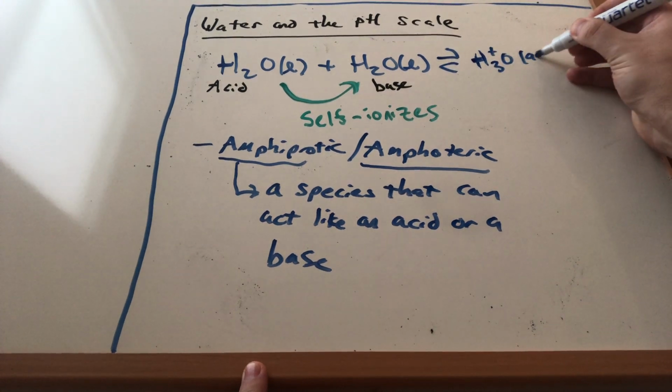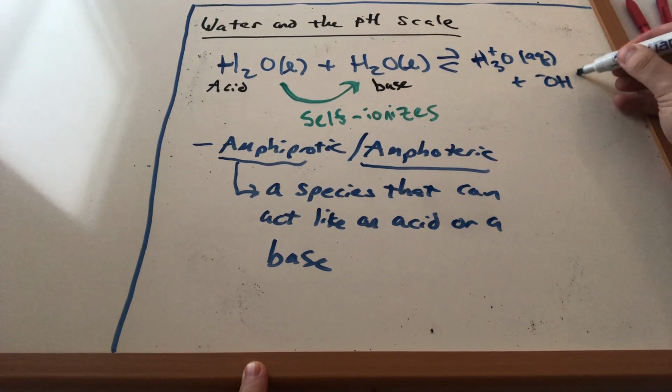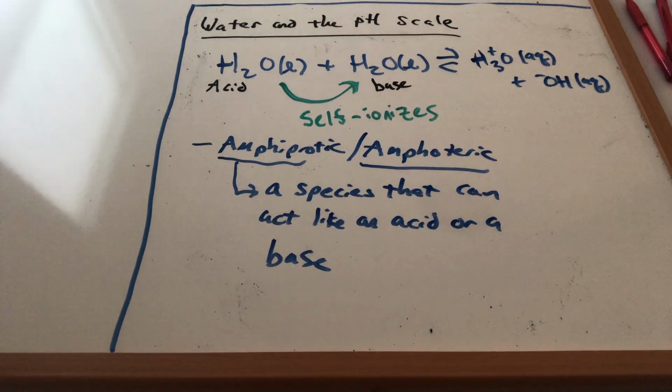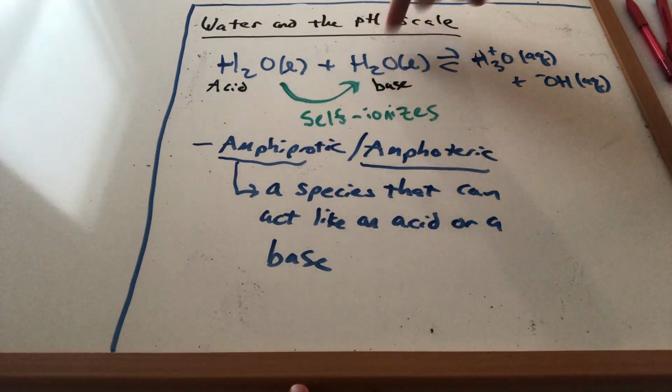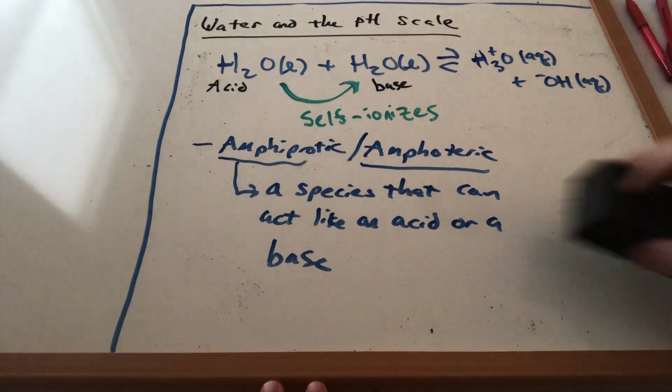We're going to get our hydronium ion, and we're also going to get OH minus. So because water is amphiprotic, because it's amphoteric, because it sometimes can act like an acid and a base, it can act as an acid and a base with itself. So in a pure sample of water, this actually occurs.